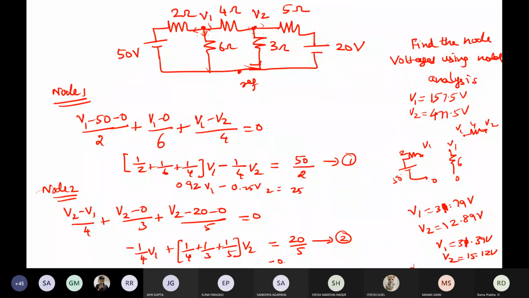I am also getting 15.12. Now this is 4 inverse plus 3 inverse plus 5 inverse. This is going to be around 0.78, approximately to 2 decimal points. If you do 3 decimal points, then again small changes will happen. So just substituting the equations.